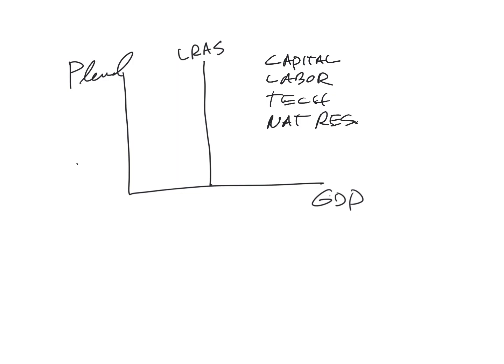Now, if any of those change, it will shift long-run aggregate supply. So if there's more human capital, more physical capital, better technology, more natural resource availability, or more labor available, that's going to shift this curve to the right. Okay?